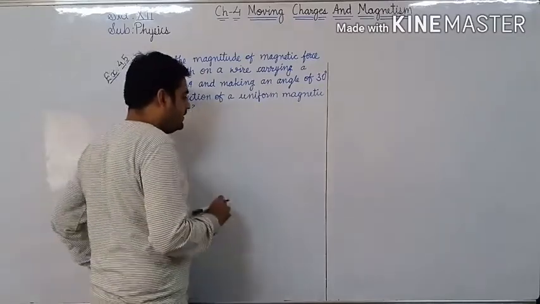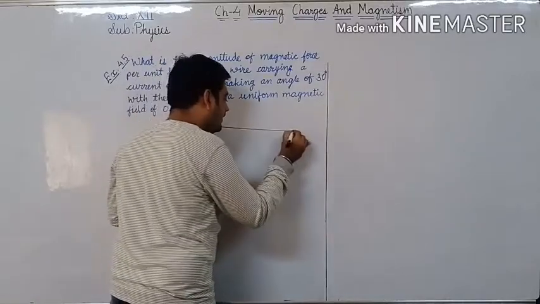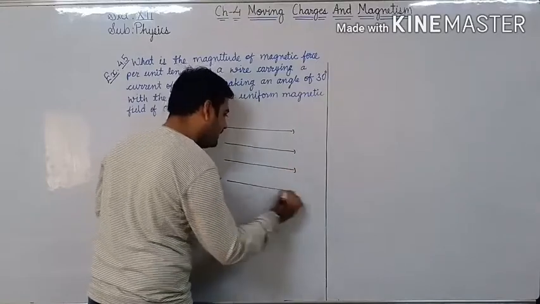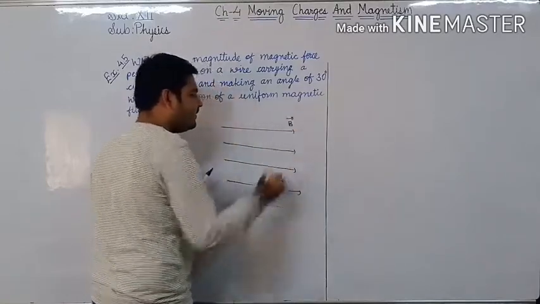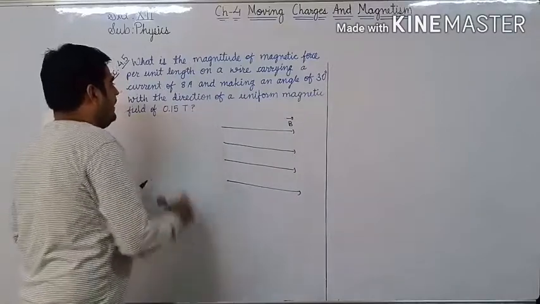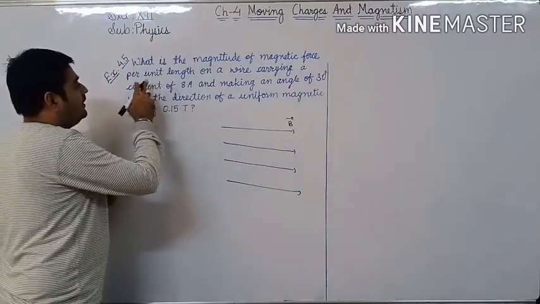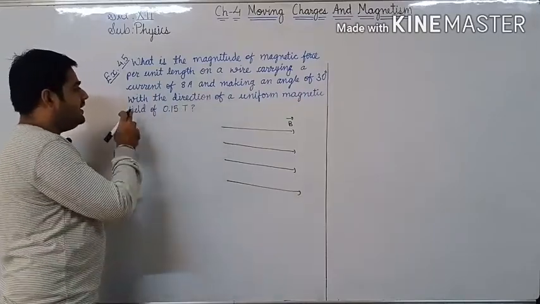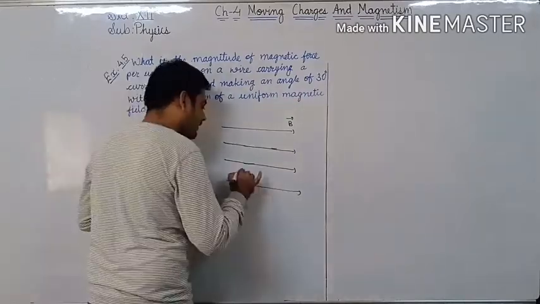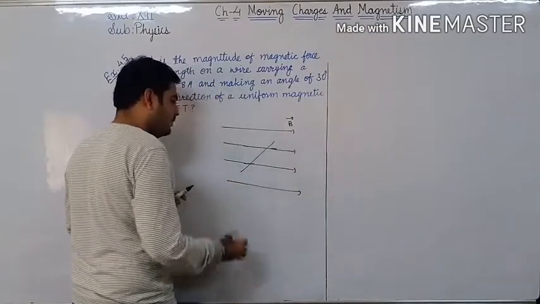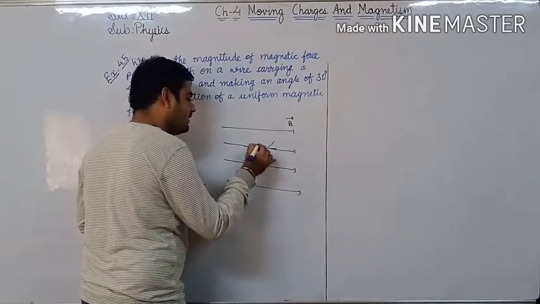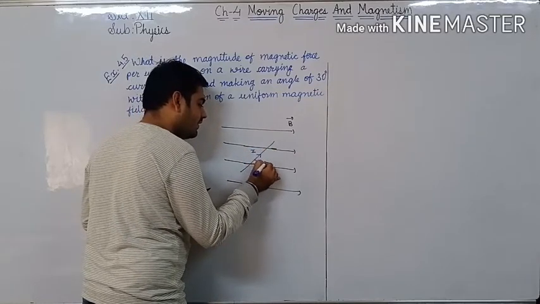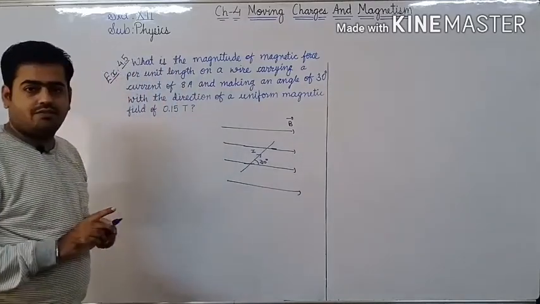So let me take uniform magnetic field in this direction and wire carrying a current 8 ampere, that is making an angle of 30 degree with the direction of uniform magnetic field. So this is direction of electric current which makes an angle 30 degree with uniform magnetic field.